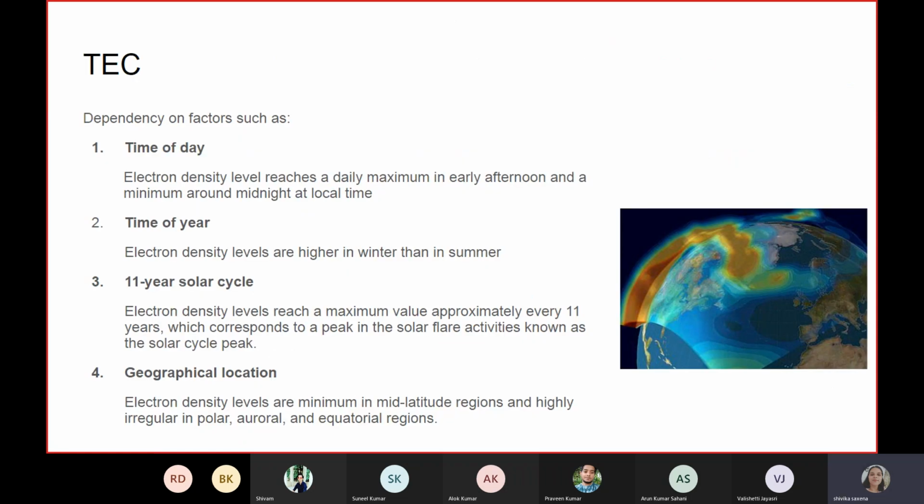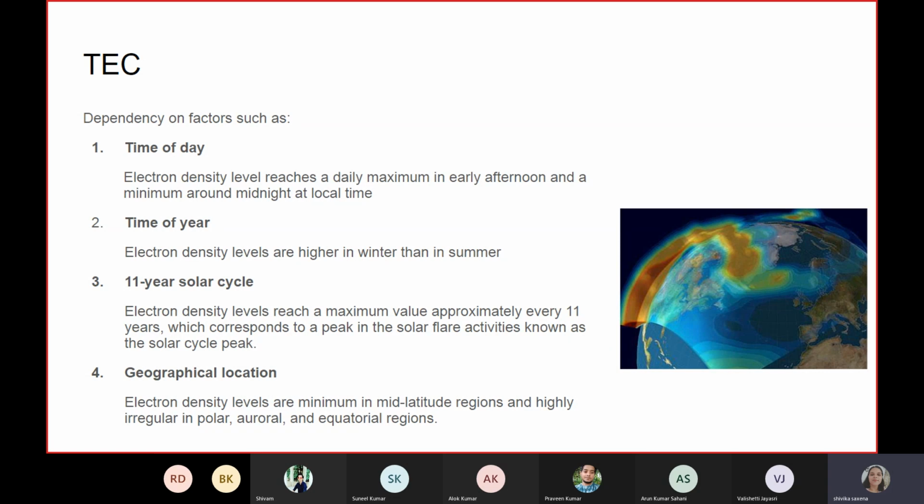So total electron count is dependent on time of the day, time of the year, and space weather. There is a solar cycle which attains a peak every 11 years, so electron density levels will reach a maximum value approximately every 11 years. Some solar flare activities are happening at this peak of the solar cycle.